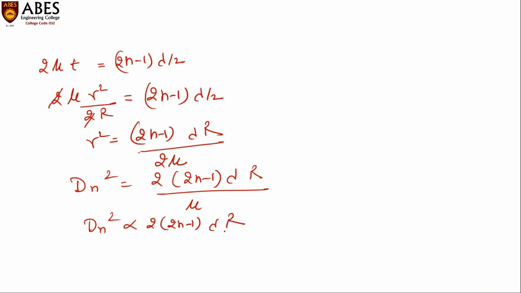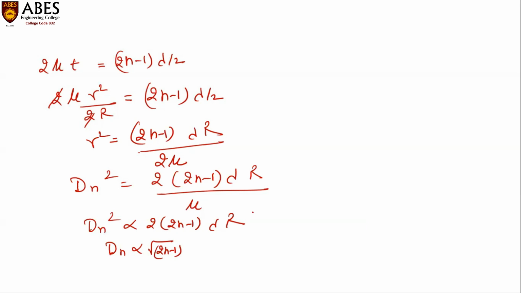For a given lens, the radius of curvature is fixed. For a source, suppose a sodium lamp, lambda is also fixed. So here Dn square is proportional to (2n minus 1), or Dn is proportional to the square root of (2n minus 1).